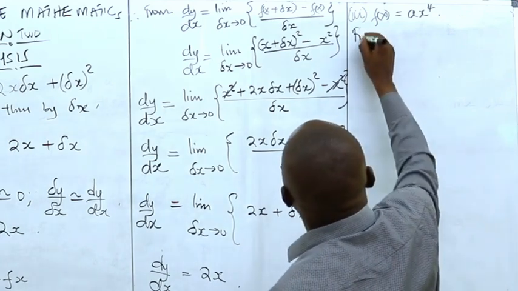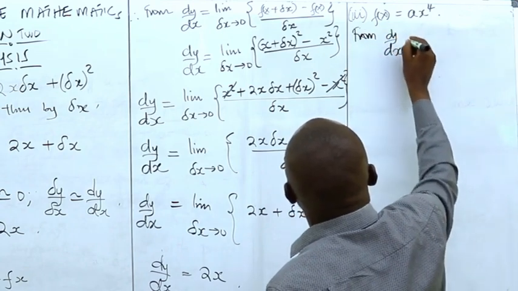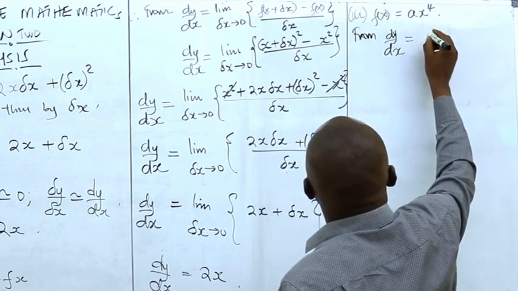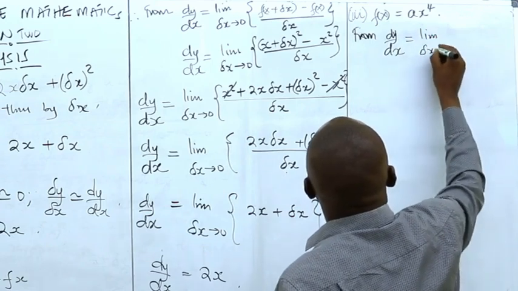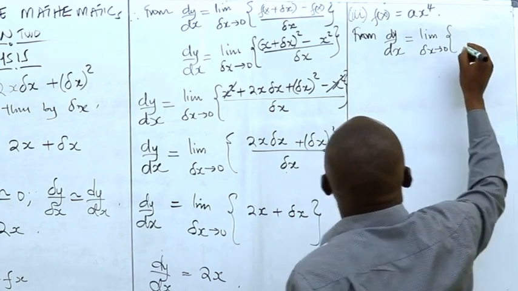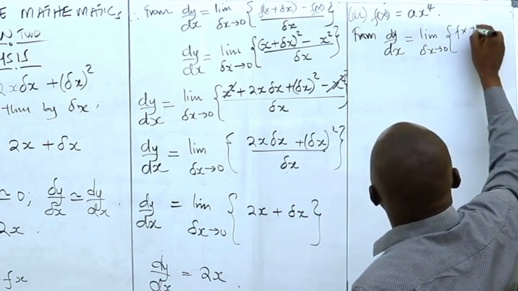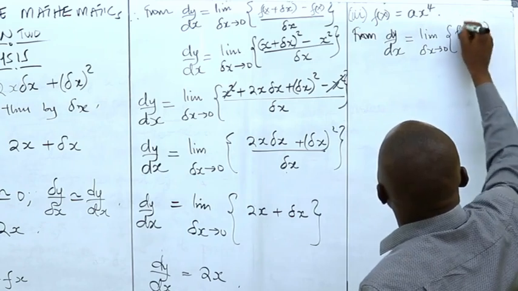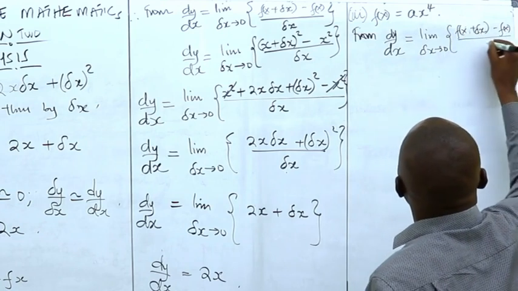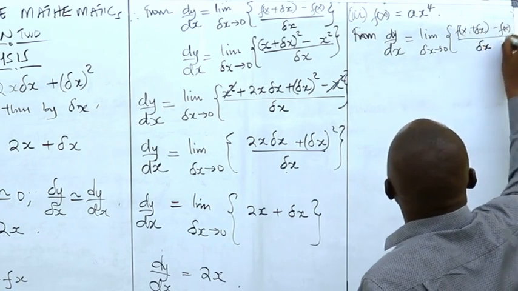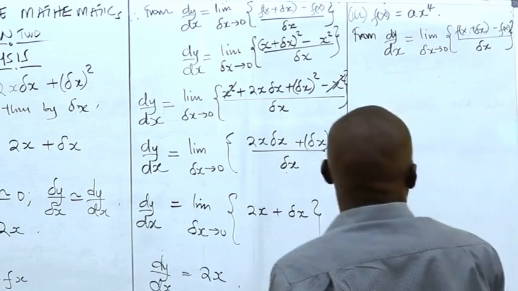Now we have dy dx. This one is the limit as delta x tends to 0 of f of x plus delta x minus f of x, over delta x.